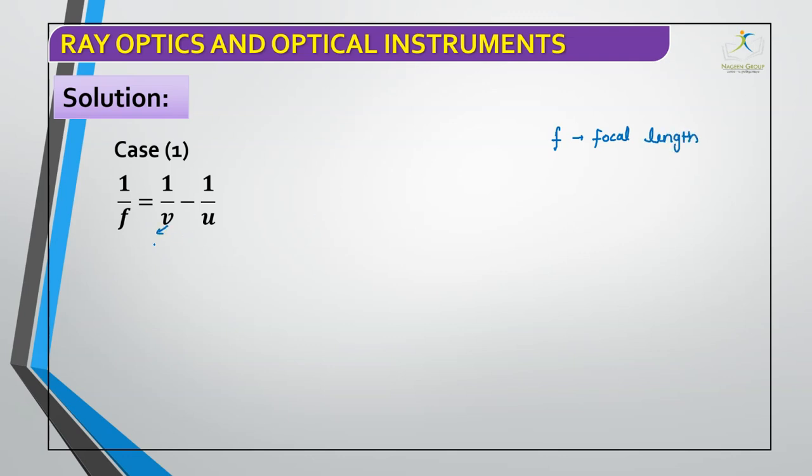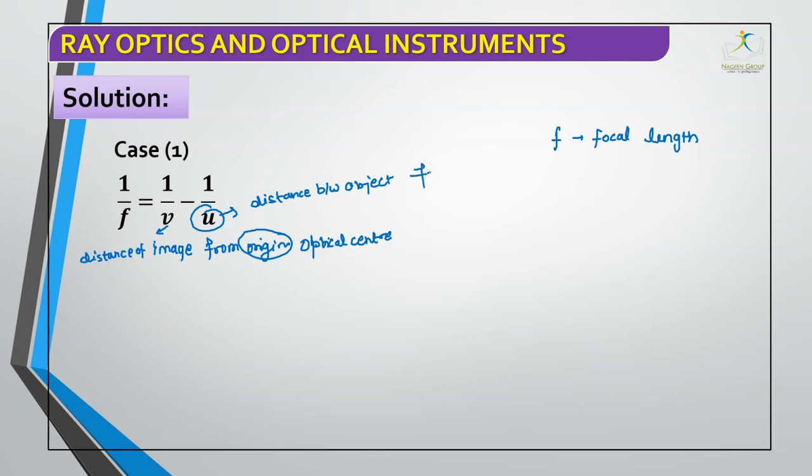V is the image distance, or distance of the image from the origin, which we have also taken as the optical center. U is the distance of the object from the optical center.